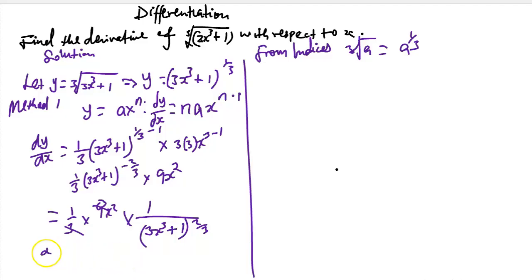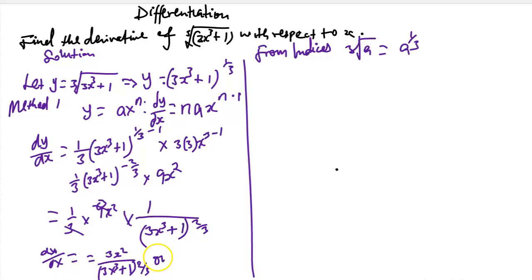So dy/dx will simply be 3x squared all over (3x cubed plus 1) raised to 2 over 3.